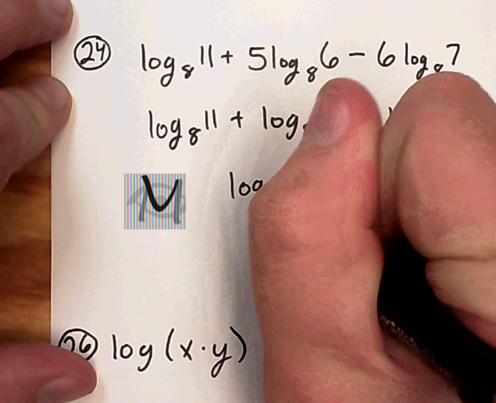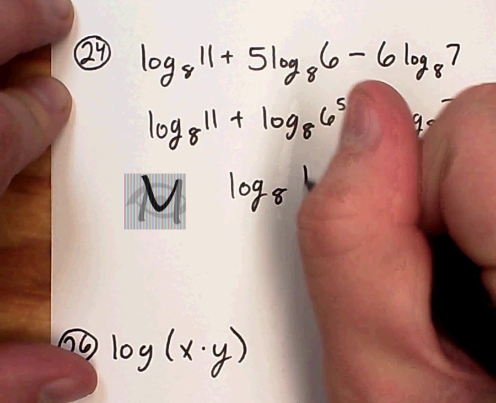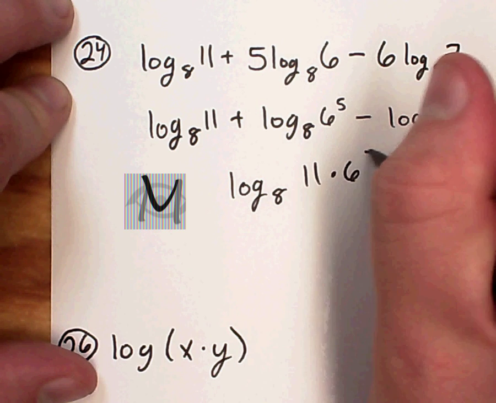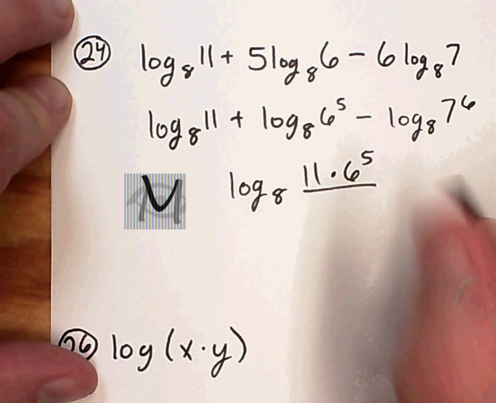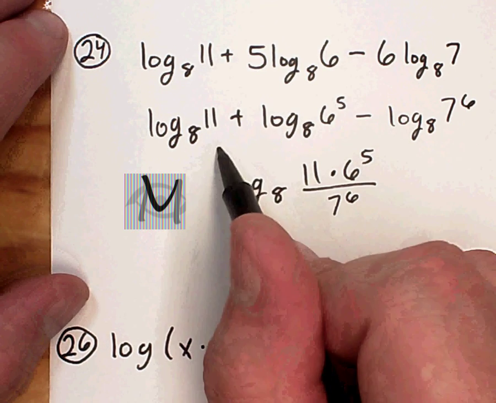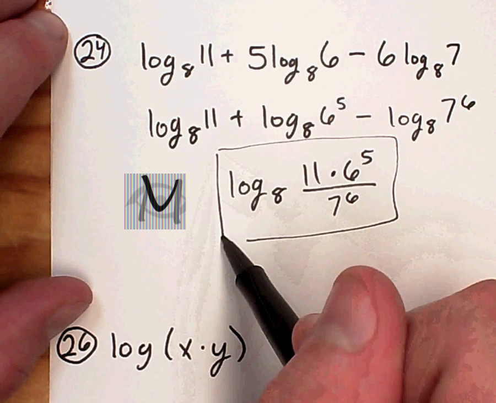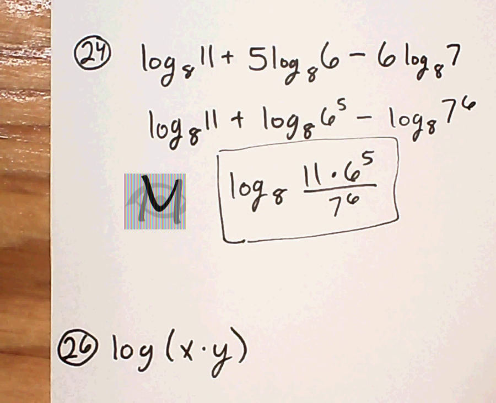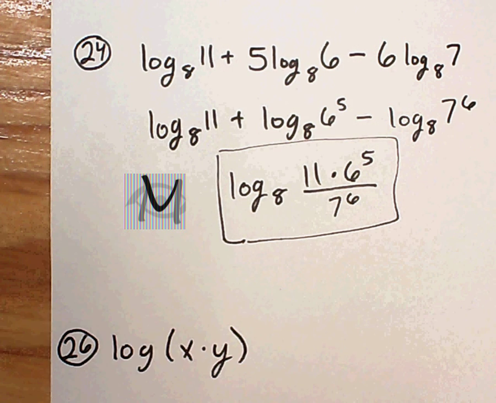So, log base 8 is going to be 11 times 6 to the 5th divided by 7 to the 6th. And that would be our end result. You don't need to multiply it out on the right. For your tests, they will all be written in as x's and y's as variables, so you will not have to worry about multiplying anything out because you can't. This is all you need to do for this equation.